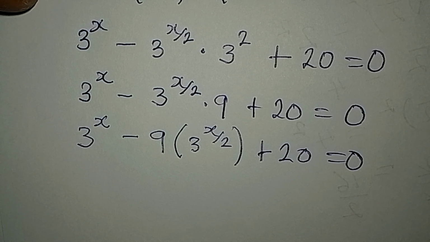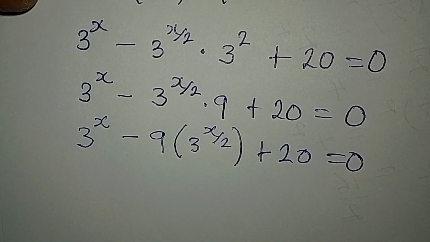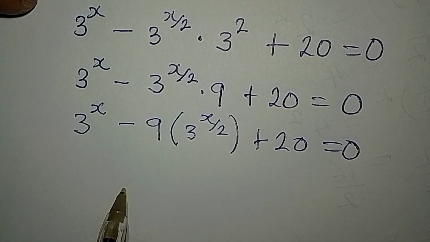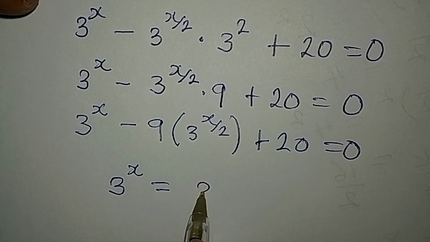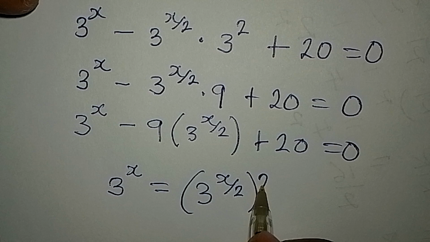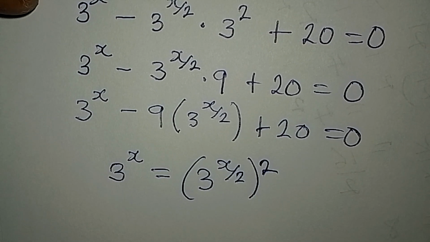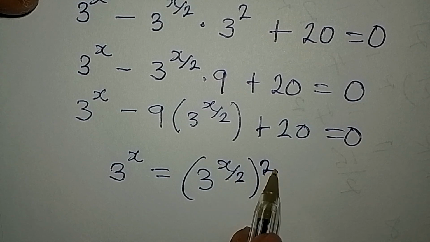Now, how do we proceed from here? Now, we're going to work on this term here. Do you know that 3 to the power of x is the same thing as 3 to the power of x over 2 to the power of 2? So this and this are the same because this 2 can cancel the 2.